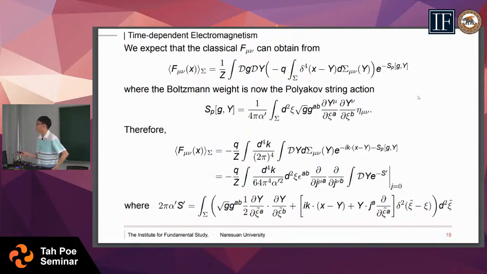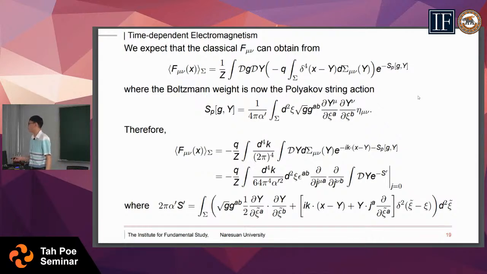So again, we have the delta function here. We can do a Fourier decomposition of the delta function, turning it into an integral over momentum of an exponential, right?